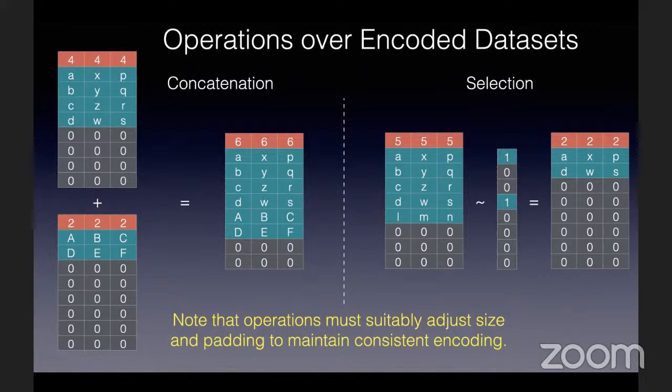They have all this bookkeeping information that 4 is the size, 2 is the size, and we should end up with a data set of size 6. So in the encoded format, this is the correct concatenation operation, right? So when we perform operations, we must also suitably adjust the size, the padding and the bookkeeping information to maintain a consistent encoding.